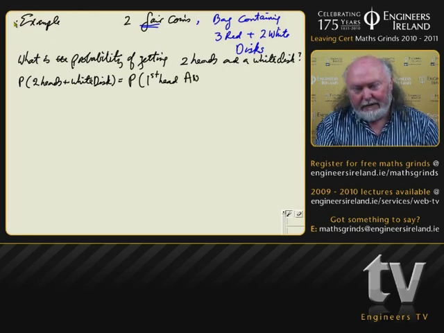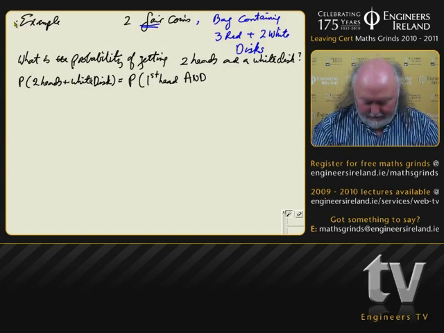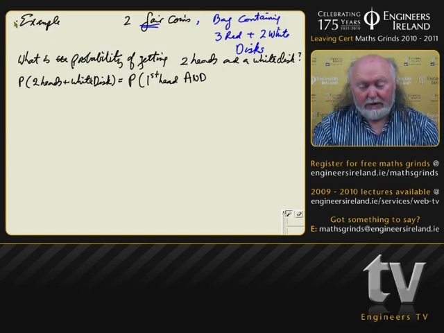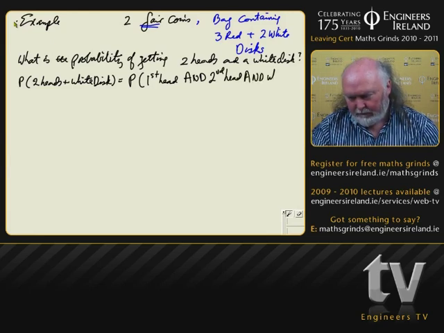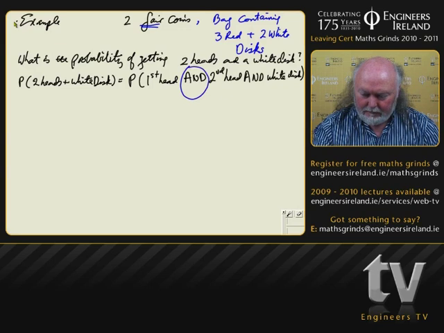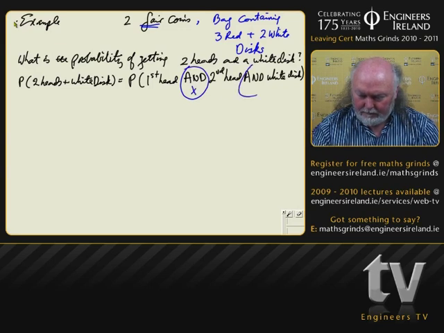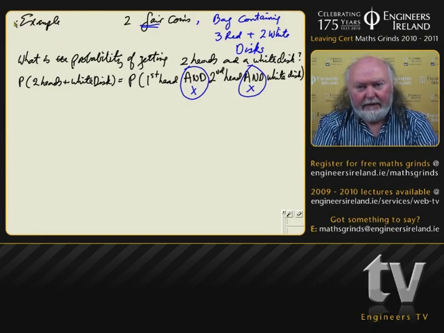Again, I'm putting in capitals, as I have all the way through this section, the important keywords like AND, because AND, as you know, means multiply. Getting a first head and getting a second head and a white disc.